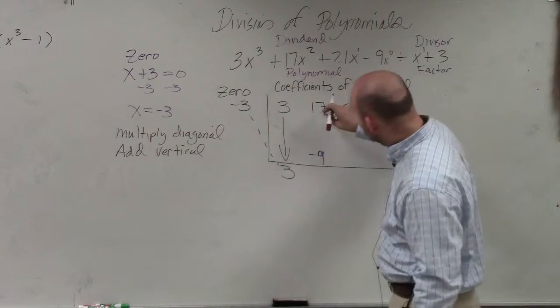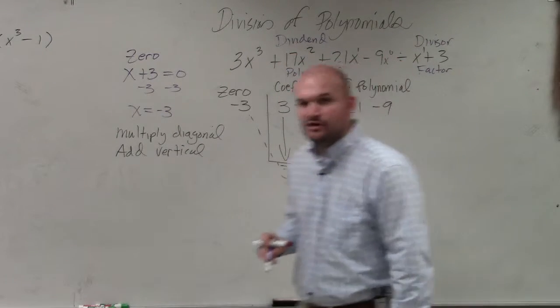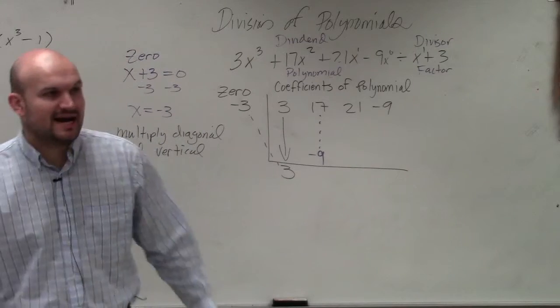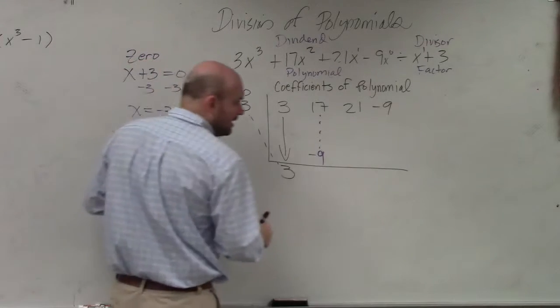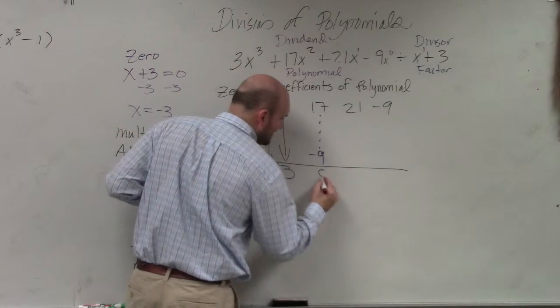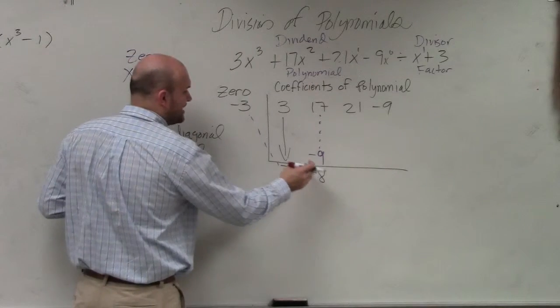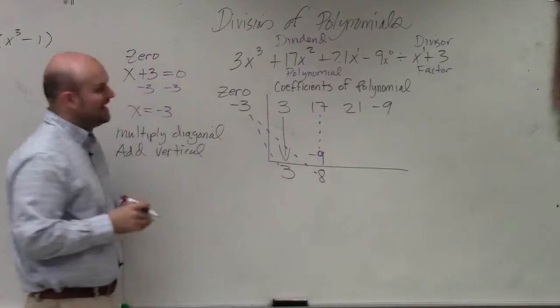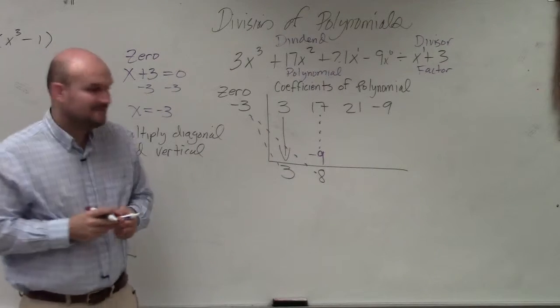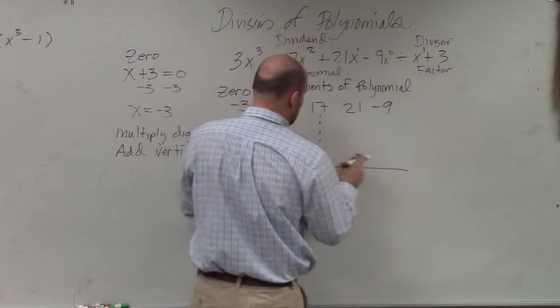Then we add vertical. 17 plus -9 is 8. Then we multiply diagonal. 8 times -3 is -24.